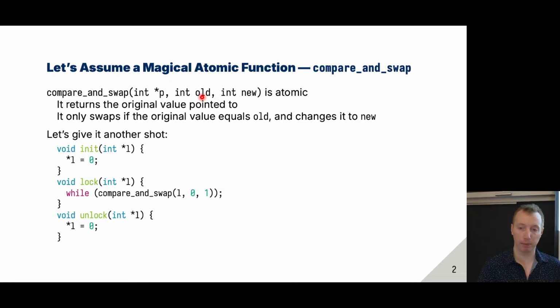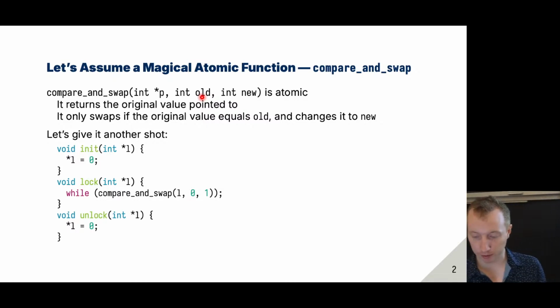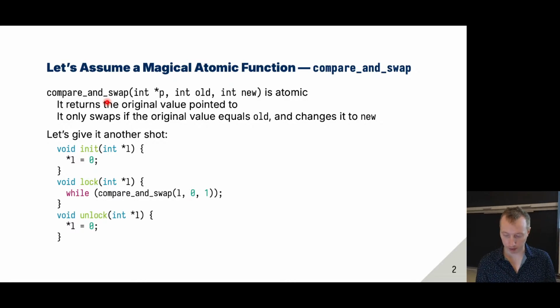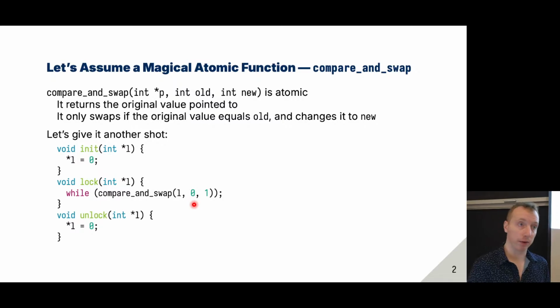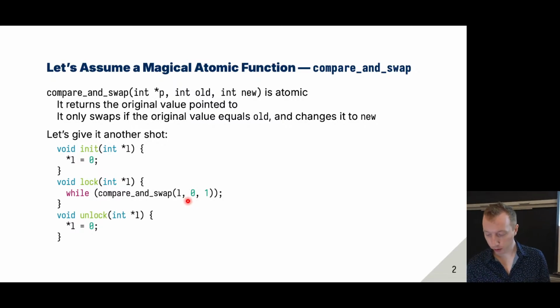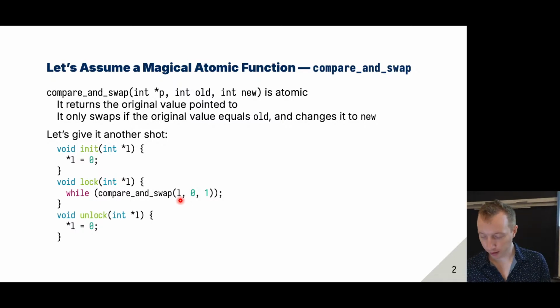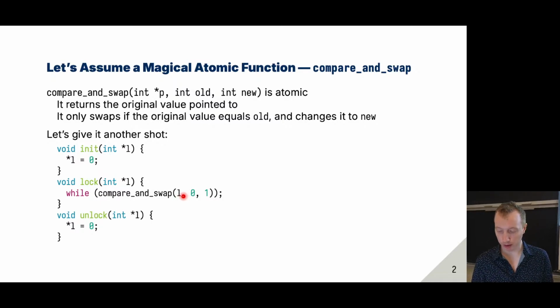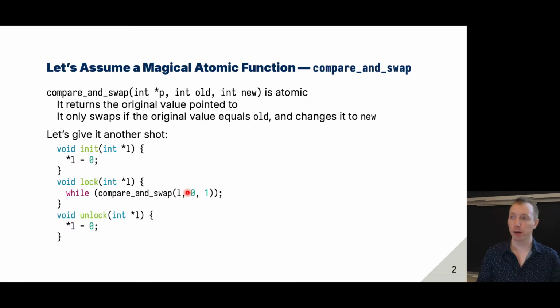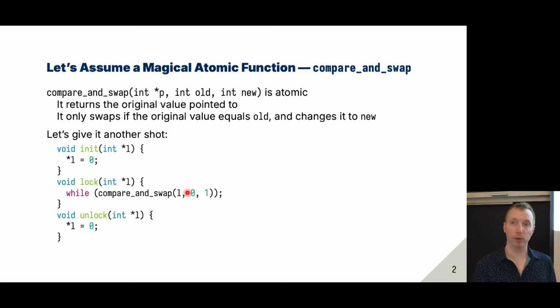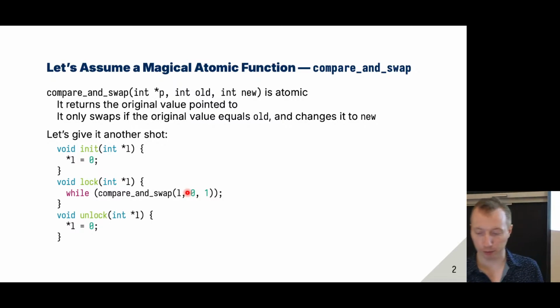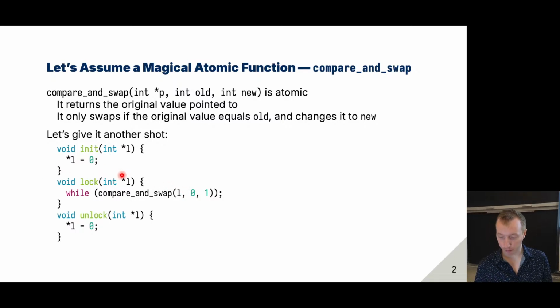And we don't have to worry about concurrency or anything like that because compare and swap is an atomic function itself. In the case that the original value was 1, compare and swap would just return 1. So it would read the original value. If the original value is 1, it's not equal to old, so it won't modify anything, and it'll just return 1.